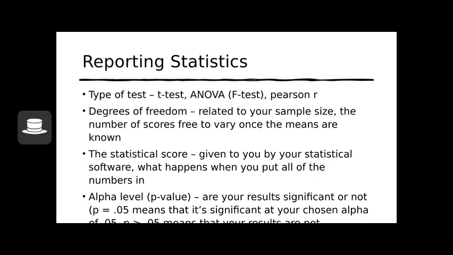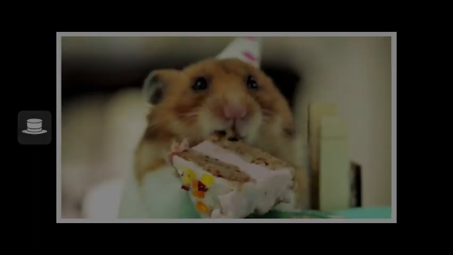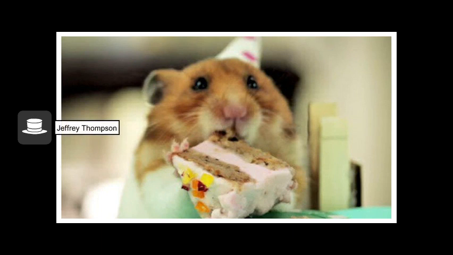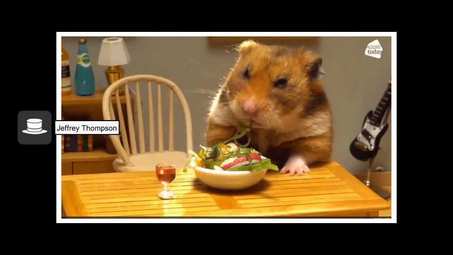So here's a little hamster eating a birthday cake. Notice that the cake is as small as he is. It is a perfectly sized cake for a hamster. This hamster is having a little salad with a nice glass of wine. This hamster also enjoys playing guitar.